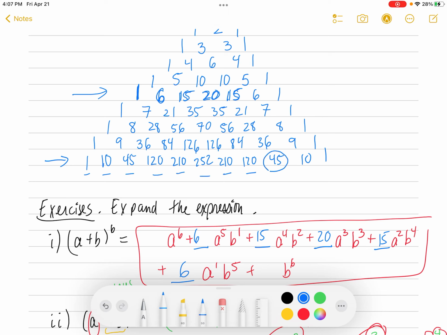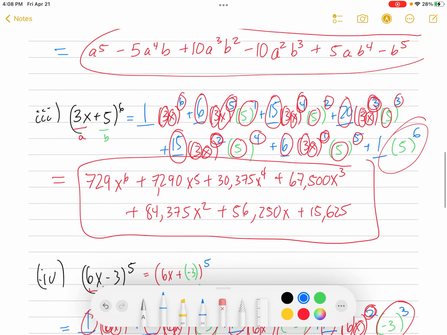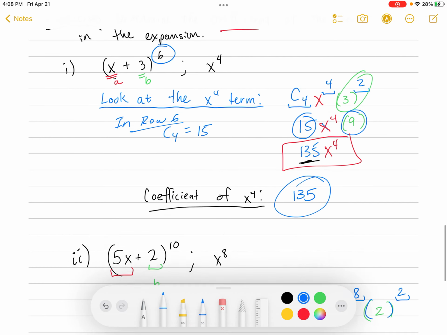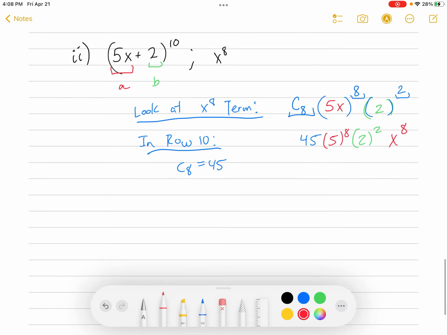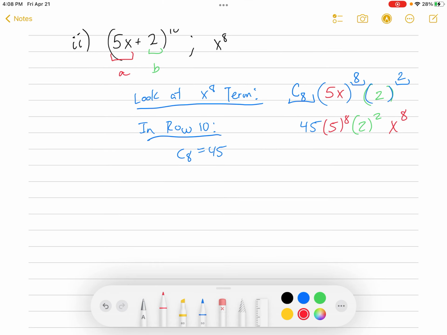This would be C0, C1, C2, C3, C4, C5, C6, C7, C8. So that's 45. C8 is 45. That's the binomial coefficient, so let's put that in front. So 45. We got 5 to the 8, we have 2 to the second, and then x to the 8 on the end.